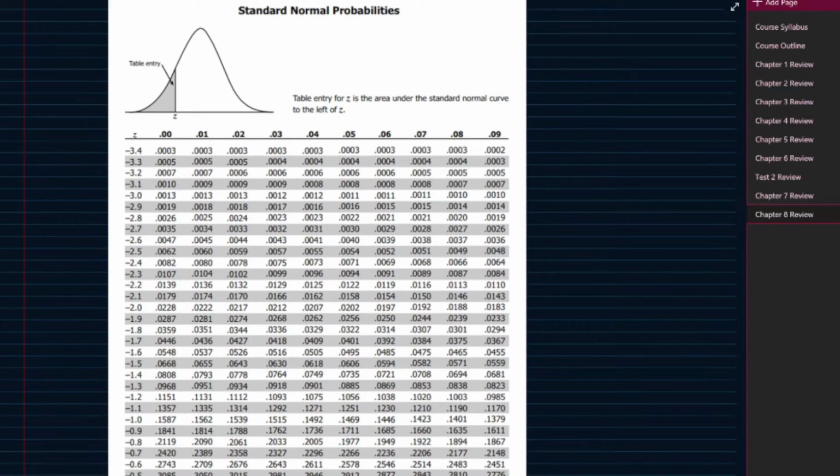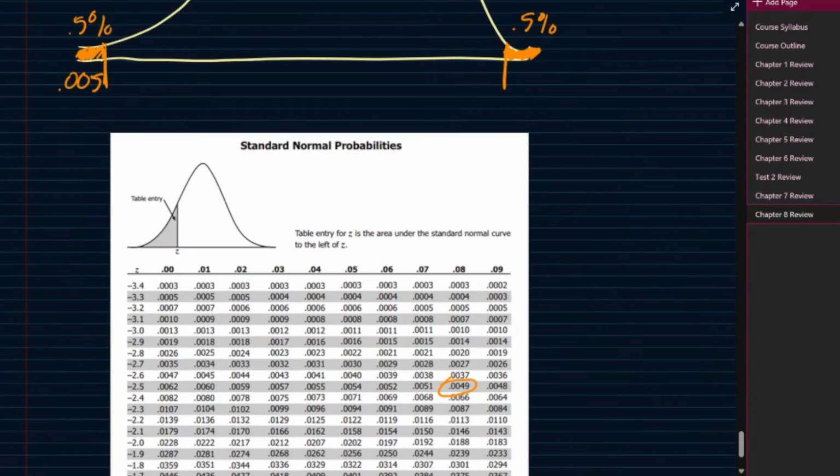And it would be either of these two values. They're both the same distance away. The book ends up settling on negative 2.58 rather than negative 2.57. But again, you could pick either one, or you could split the difference. So the book picks negative 2.58.